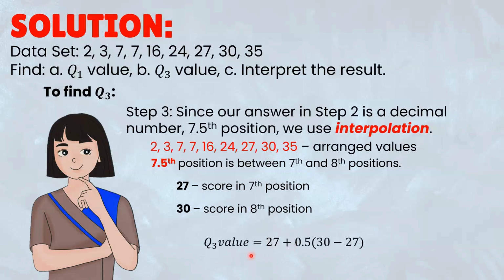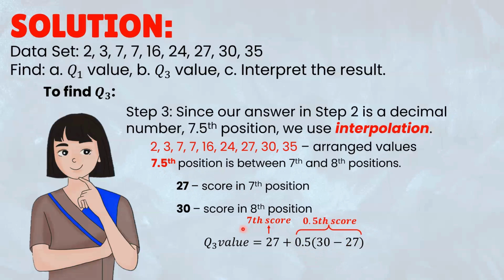So Q3 value then is equal to 27 plus 0.5 times the quantity 30 minus 27. 27 again is our 7th score. 0.5 here comes from the decimal part of our answer in step 2. 0.5 times the quantity 30, this is our 8th score, minus 27, which is our 7th score. This expression gives us the 0.5 score.